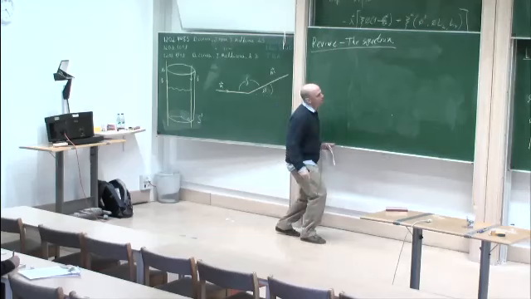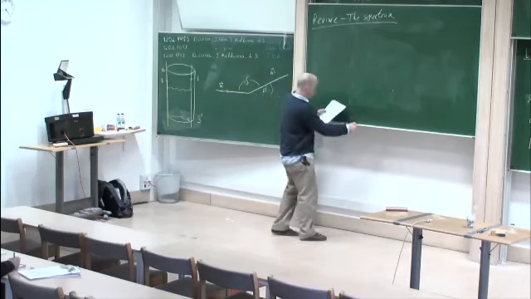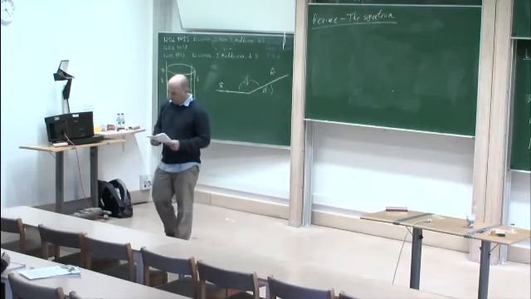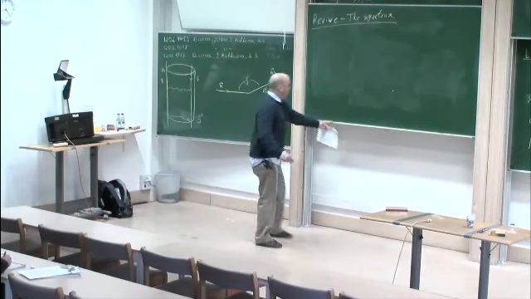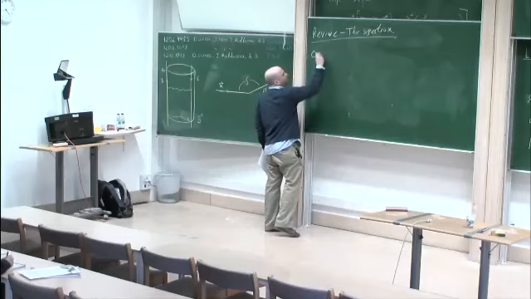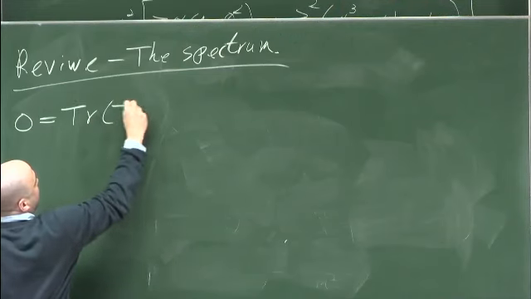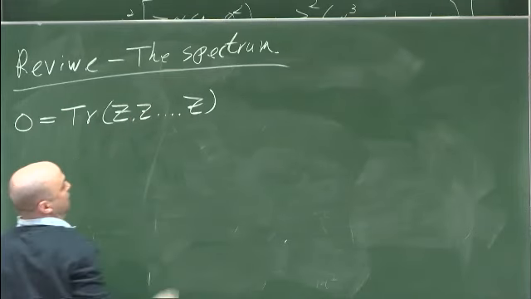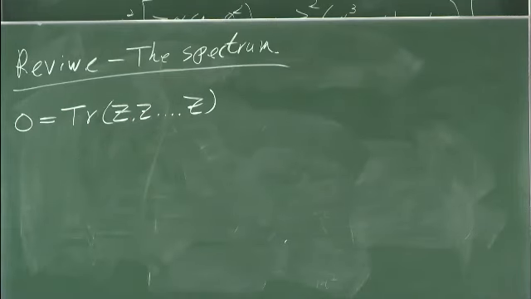So in the spectrum problem, one is interested in computing the anomalous dimension of local operators, of single trace operators. And the operator we usually start with is an operator of the form of a trace of many, many Z fields. This is what is called the BMN operators.